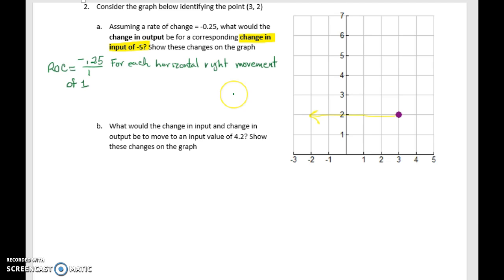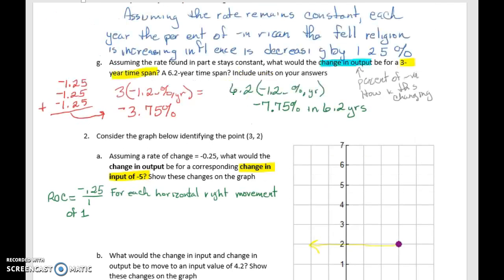so we can refer back to what we talked about in this problem. So for each horizontal, and we have to tell right or left now because we understood that from context, but we have to be explicit with it when it's not in context. And then we talked about whatever happened to the output.